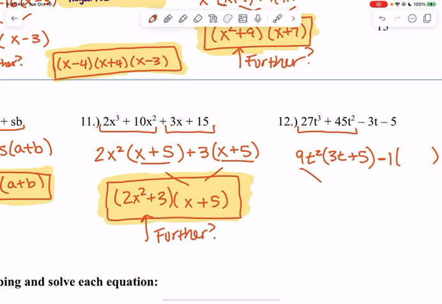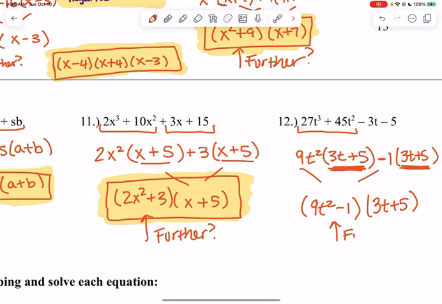But you need something to go in that set of parentheses with the 9t squared minus 1. All right. Negative 3t minus 5 divided by negative 1 will now just be positive 3t plus 5. And that checks out because, again, they should match. That's what becomes your second set of parentheses.